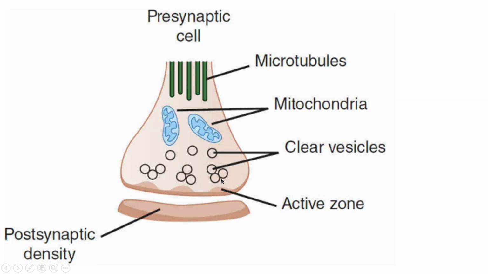What causes this pushing of the vesicle to come nearby here? Action potential, entry of calcium, right? Yes, good. The postsynaptic density contains receptors for these chemicals.